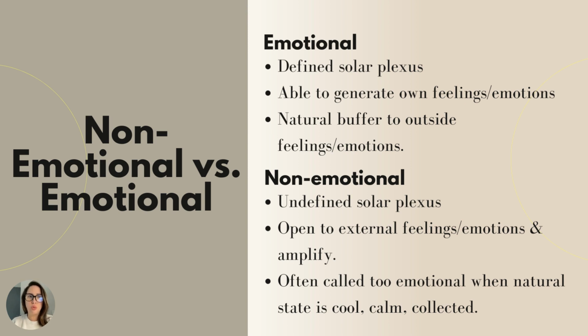So if you walk into a room with a bunch of people and maybe there's somebody in there that is an emotional person and they're at a 2 in their emotions, you coming in as a non-emotional person with that open center, you're going to feel that person's 2 at an 8.